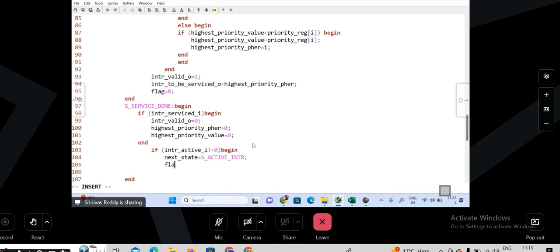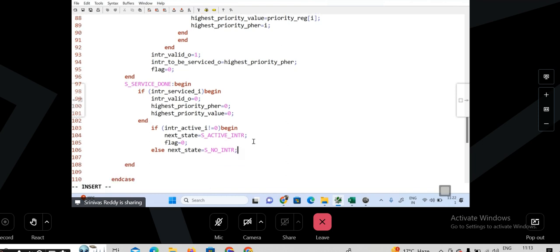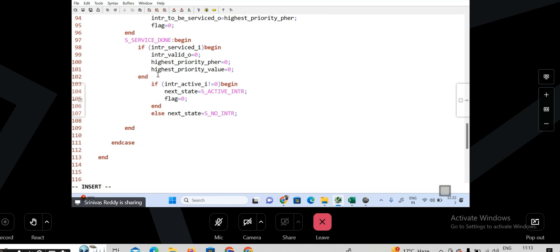Then how to write the test bench to this? Can you write the test bench to this? Did you understand? Now I need to write the test bench to this. Write the tb.v.